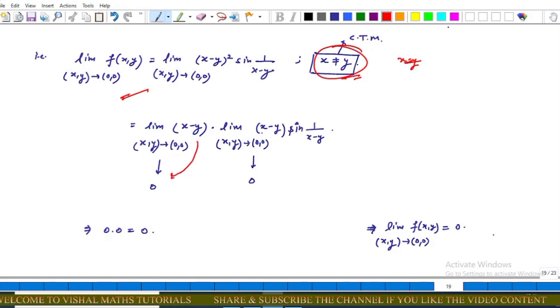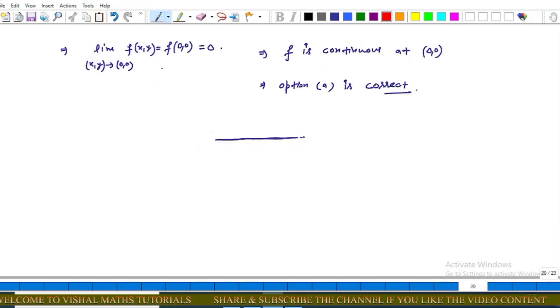Similarly, the limiting value of (x − y) sin(1/(x − y)) as (x, y) tends to (0, 0) always tends to 0. This implies that the whole limit tends to 0, so the limiting value of the function at (0, 0) equals 0, which equals the function value. This implies that the function is continuous at (0, 0), so option A is correct.